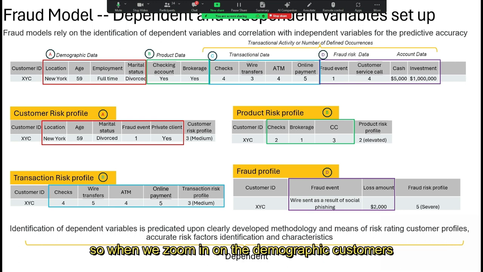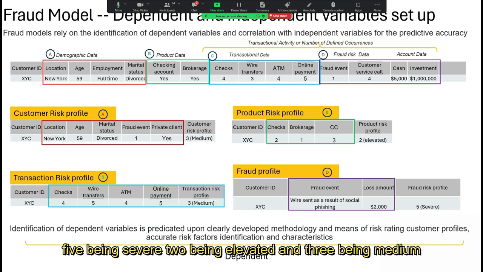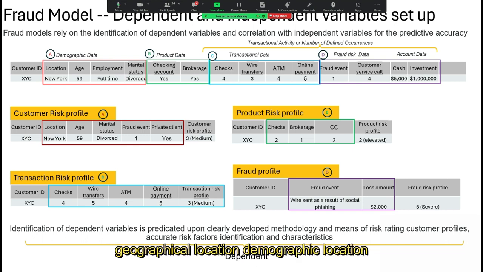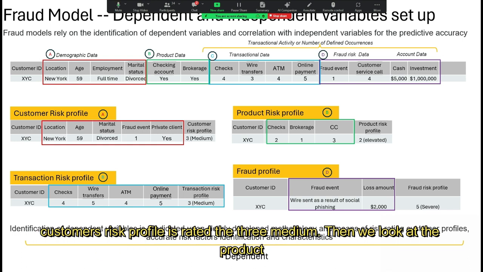So when we zoom in on the demographic customer risk profile on a scale of 1 to 5, 1 being low, 5 being severe, 2 being elevated, 3 being medium, and 4 being high, we can assess this customer's geographical location, demographic location, past history, and let's say that on the basis of these determinants, on the basis of this risk assessment, the customer's risk profile is rated a 3, medium, right?